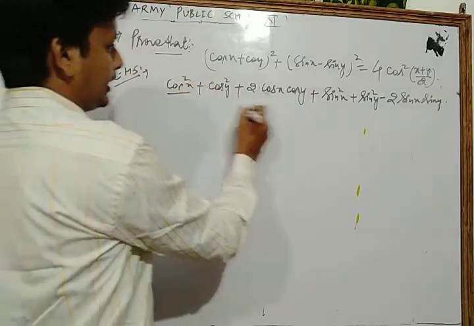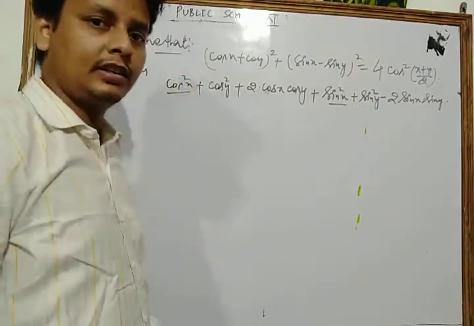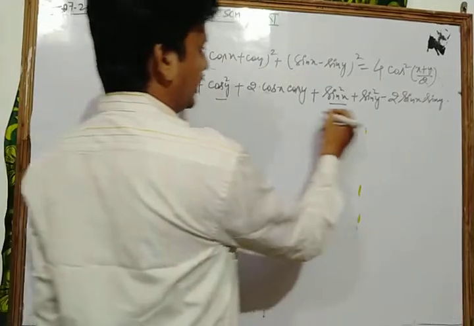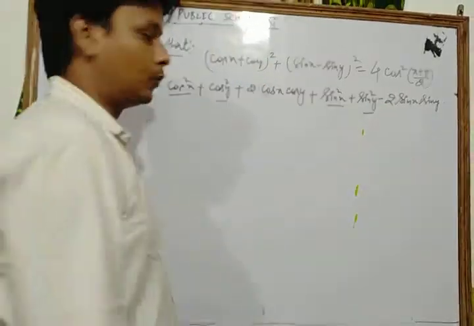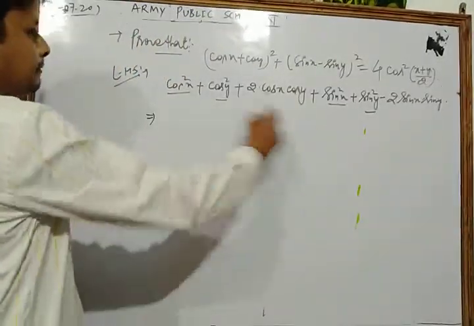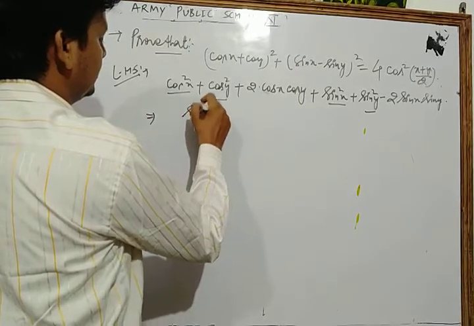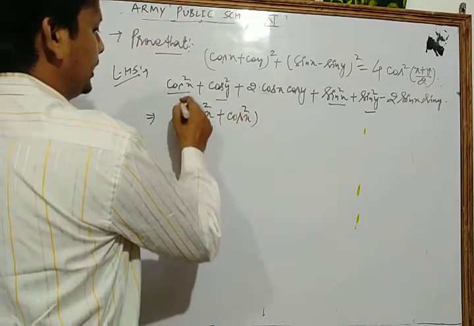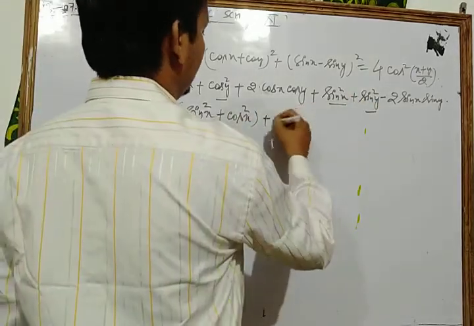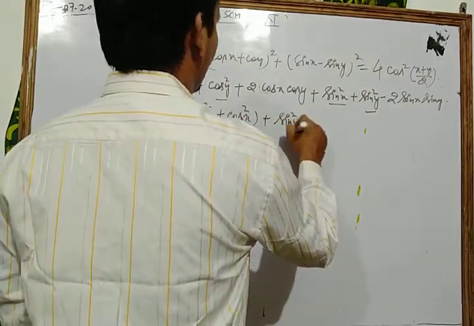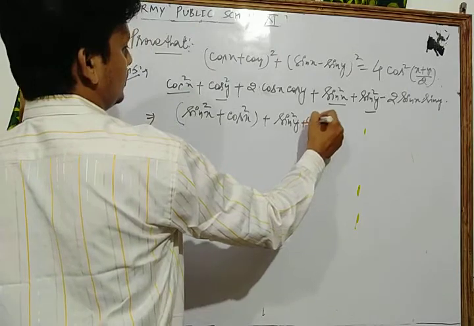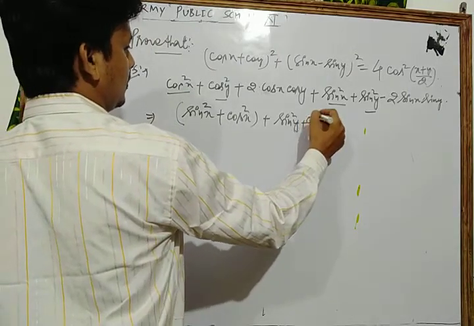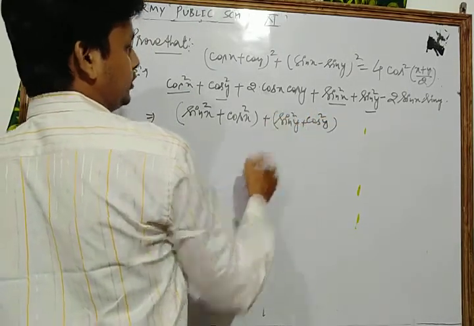Okay, now let's see. We take cos square x and sin square x together, and we take cos square y and sin square y together. Now we get sin square x plus cos square x together, same as here, we take sin square y plus cos square y together.